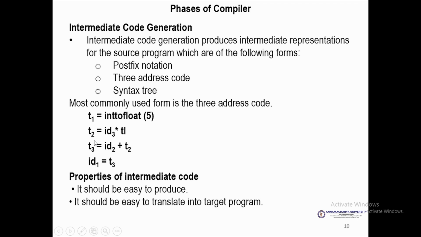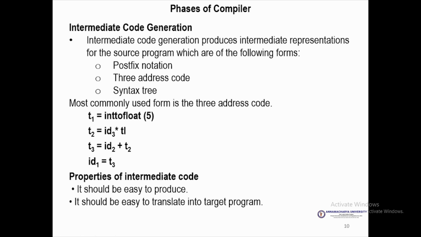And T2 equal to identifier 3 into T1. This is the multiplication operation. Then T3 equals identifier 2 plus T2, the addition operation to be performed.